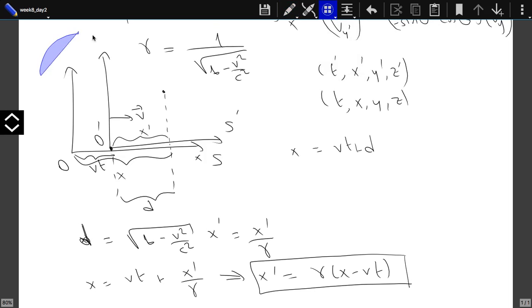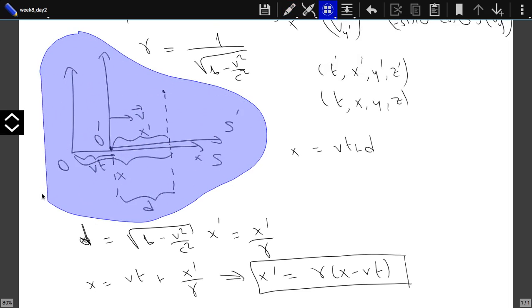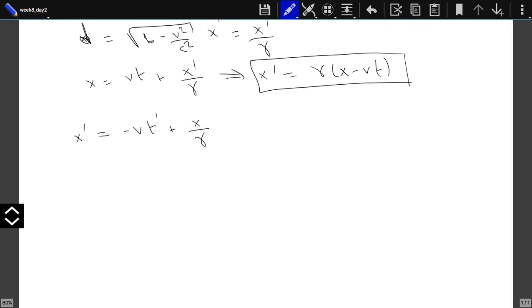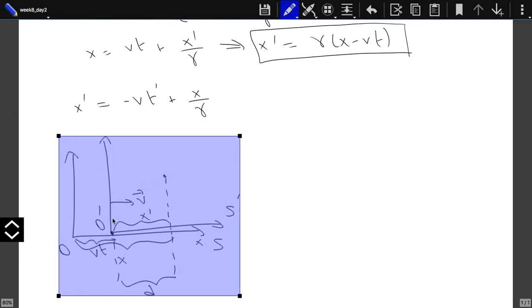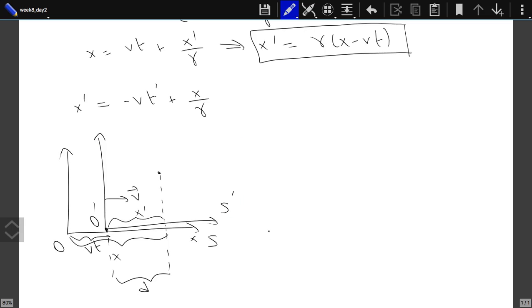Maybe let me draw it again. Now I'm in the S prime reference frame, considering an observer in the S prime reference frame, so it is moving with a speed v in the minus x direction. And I'm writing, this is my x prime. x prime would be just this distance minus this distance.